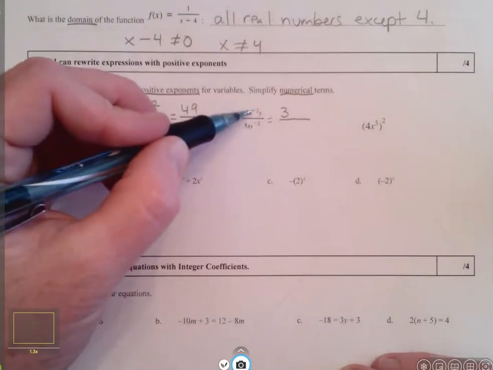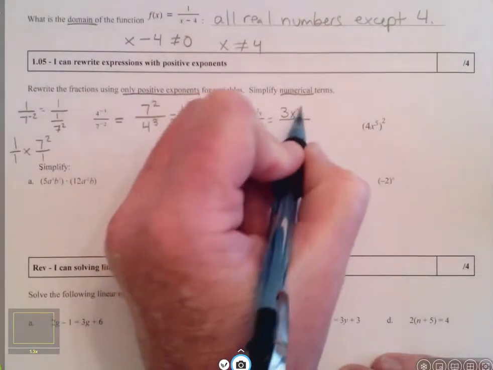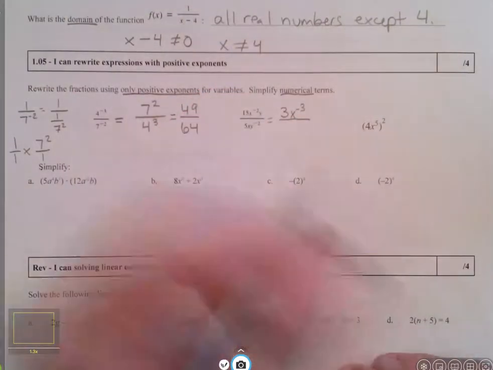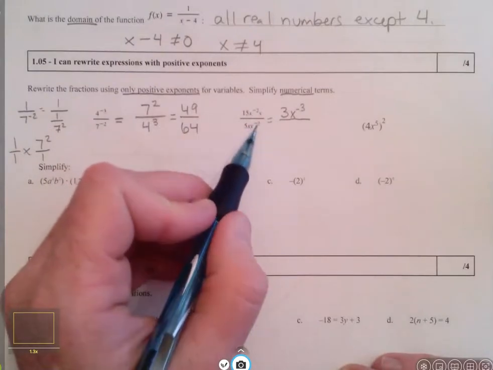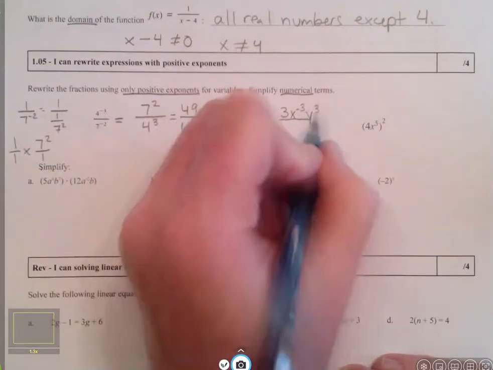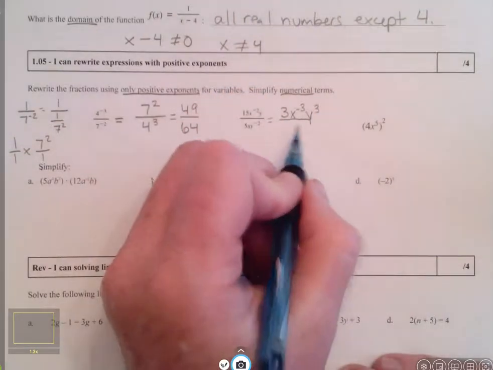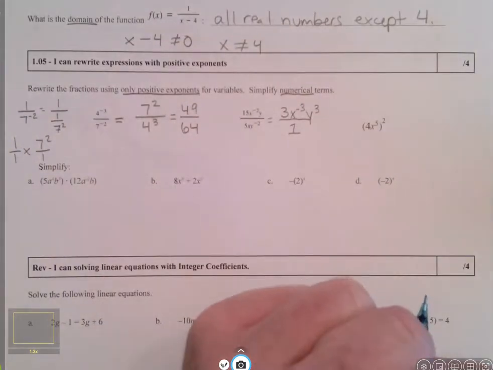So I have negative 2 minus 1. So I have x to the negative 3. And here I have y and y to the negative 2. So I have 1 minus a negative 2, which is y to the third. Okay, I just have left this blank under here. There's basically just a 1.